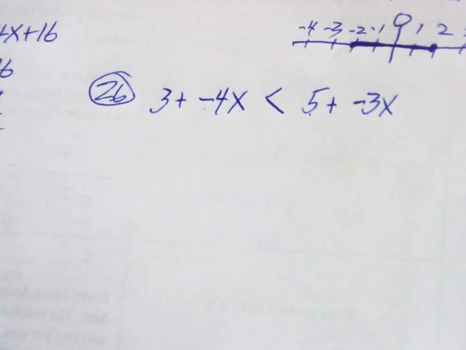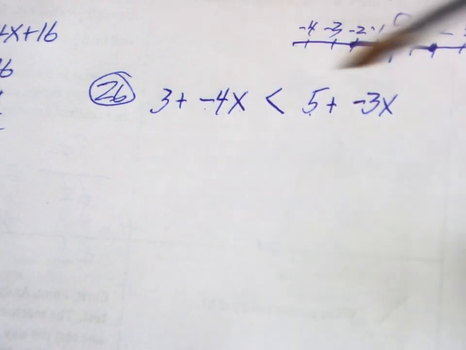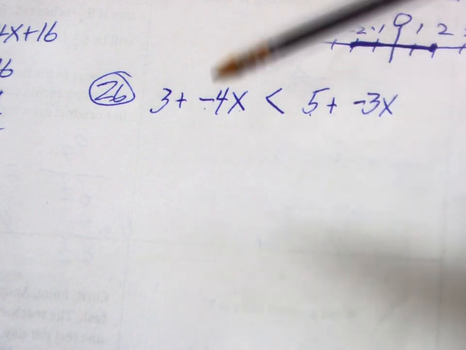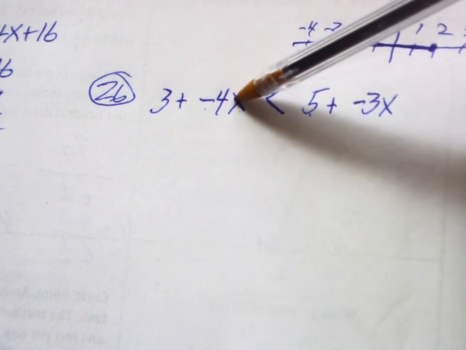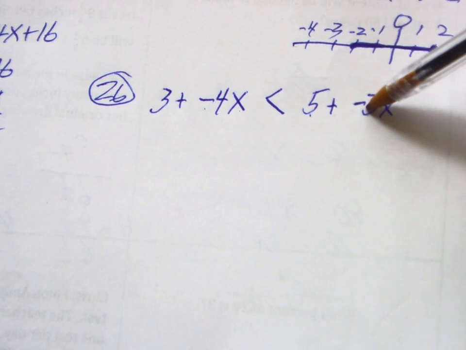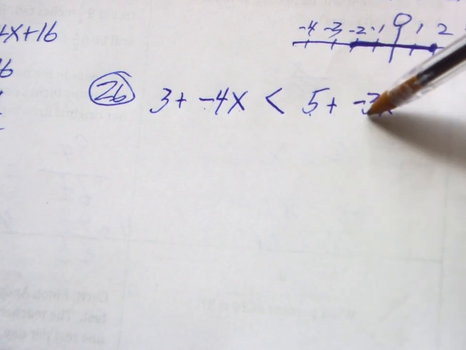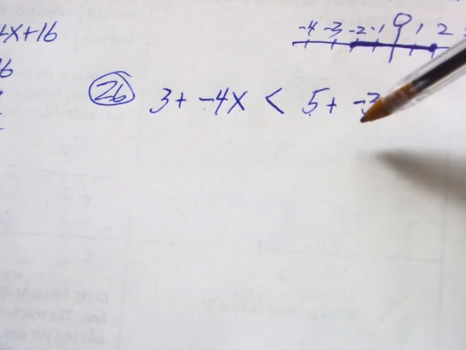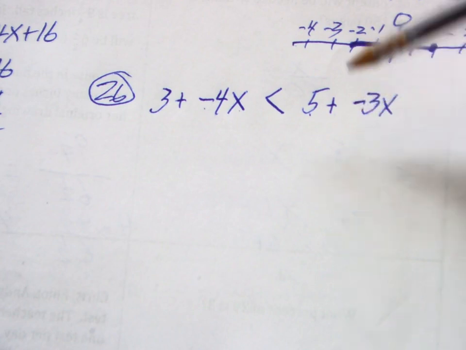Well, here's the problem. We've got -4x here, -3x here. If I add 4x to get rid of this, I'm going to have -3x plus 4x, and the positive's bigger. That's what I want, a positive x, just easier. So I'm going to add 4x to both sides.